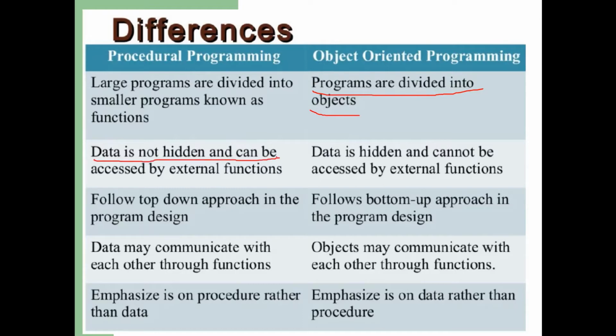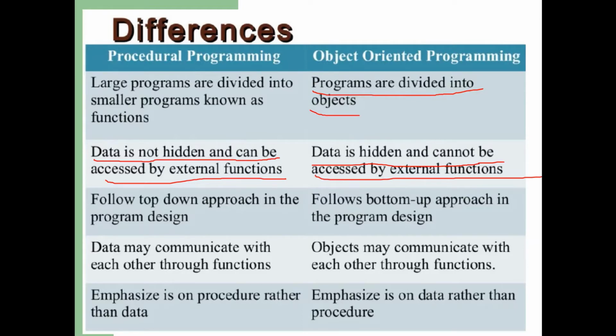In procedural-oriented programming, data is not hidden and can be accessed by external functions. But in object-oriented programming, data is hidden and cannot be accessed by external functions, which is one of the features of object-oriented programming in C++.